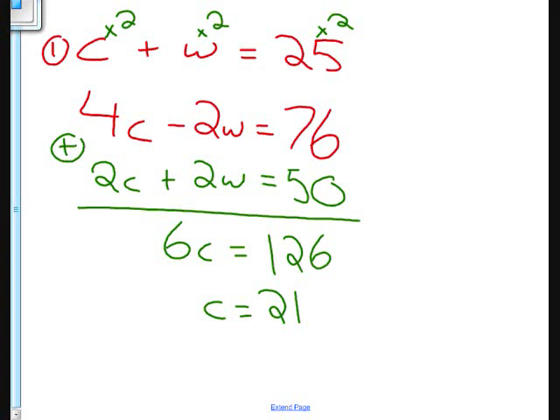Okay, so we got the number of correct answers equals 21. How do we find the number of wrong answers?